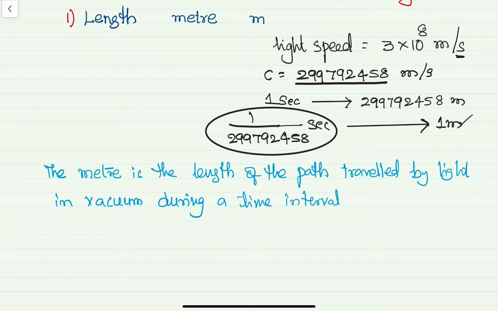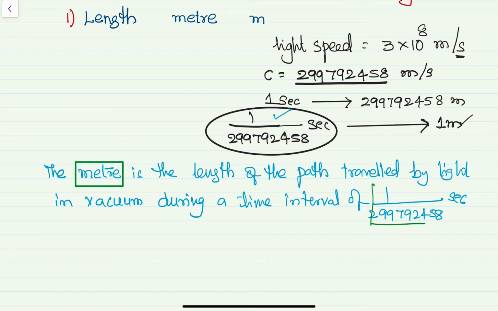How much time interval? A fraction of a second, 1 by 299,792,458 seconds. That's all. This is the meter. Of course, in the exam they need not ask for the definition of the meter. This is a sample definition of how to define the meter.